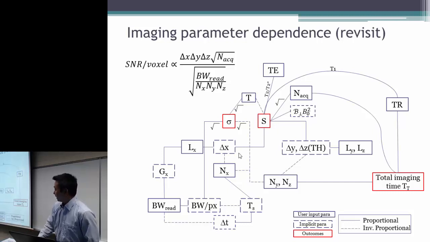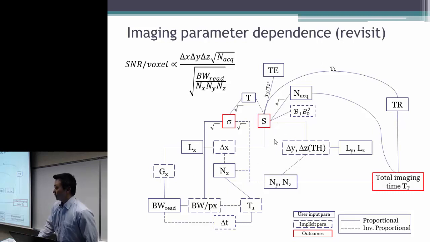When working on the Siemens scanner, we can explicitly input certain parameters, like the FOV, field of view, the number of sampling points, the readout bandwidth, and TE or TR.